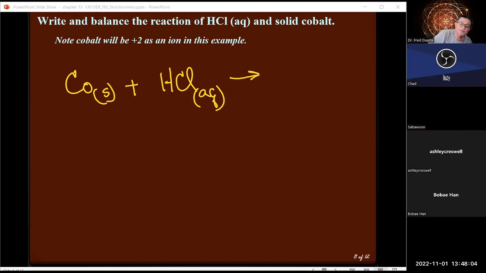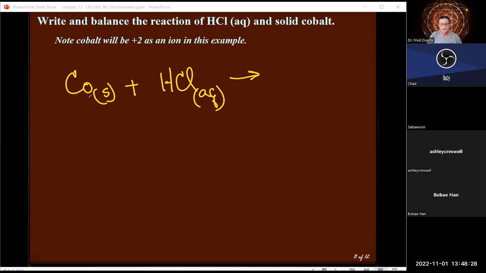Yes, there you go. It is a single replacement reaction because remember, the activity series is a relative scale relative to hydrogen gas, okay? And the ionic form of hydrogen was H+, or obviously the elemental form is hydrogen.